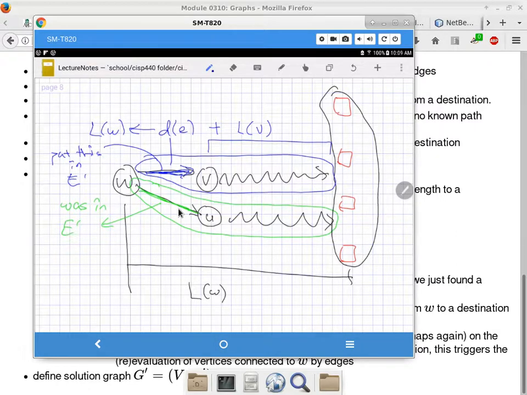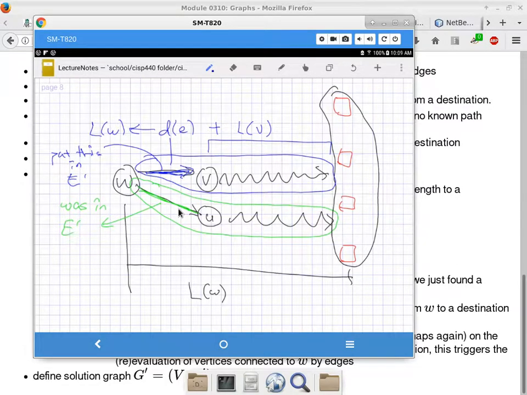Is that okay? That's why we have to correct ourselves by removing what we thought was an edge from W to the shortest path to a destination, and replace it with the new edge, which is WV.